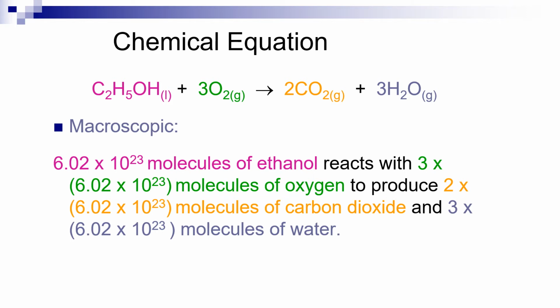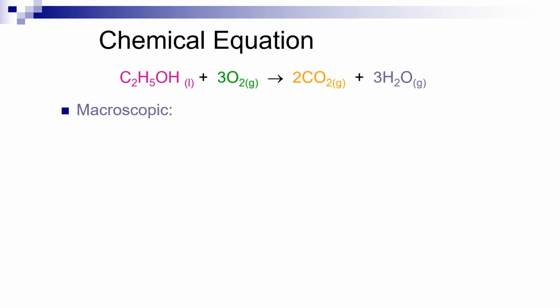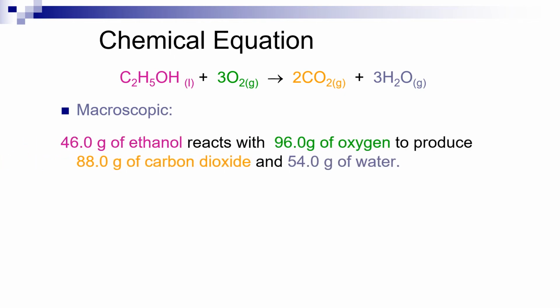So this now reads 6.02 times 10 to the 23 molecules of ethanol reacts with 3 times 6.02 times 10 to the 23 molecules of oxygen to produce 2 times 6.02 times 10 to the 23 molecules of carbon dioxide and 3 times 6.02 times 10 to the 23 molecules of water. We can also think about it in macroscopic terms, such as the masses that we use for each.